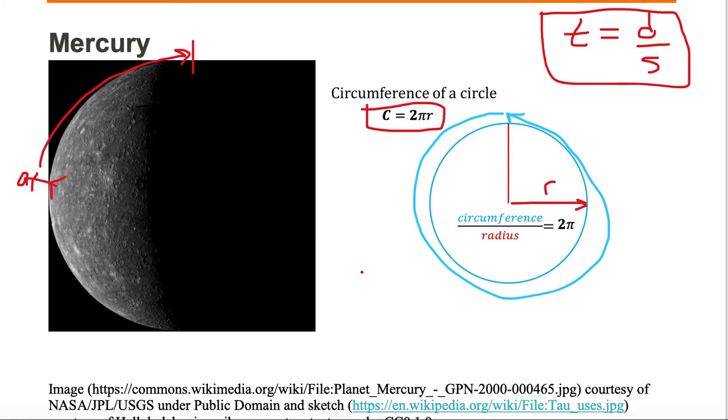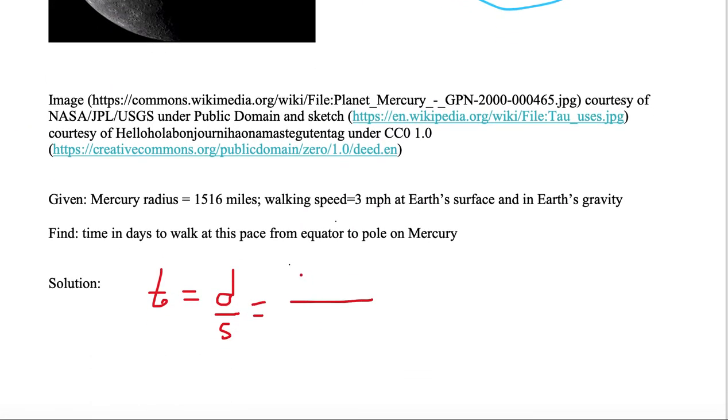So it's going to be 2 pi r divided by 4. R is the radius, and the reason why we're dividing by 4 is because we only want to go 1/4 of the way around the circle, and we keep our speed s in the denominator. Still keep our 2 pi.